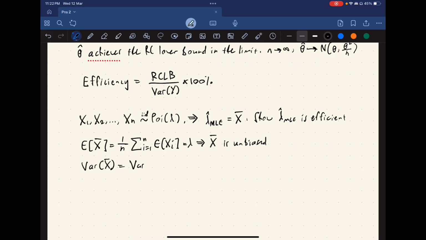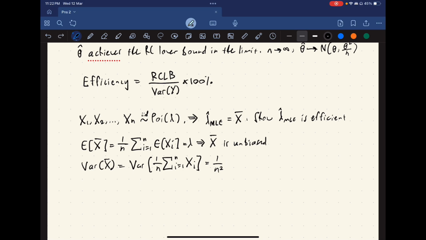The variance is 1 over n squared times the sum of the variances.